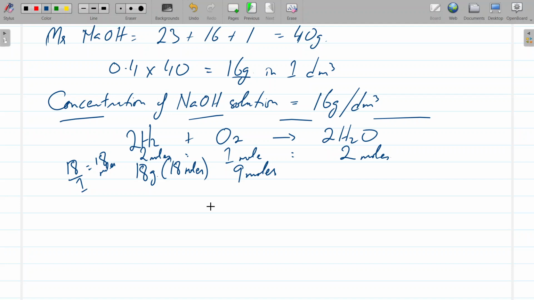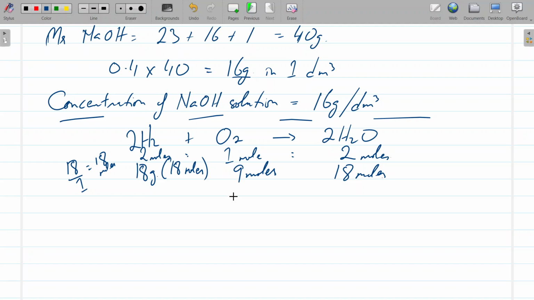So when you have 18 moles of hydrogen, you will be using half of the oxygen, which is 9. And obviously you're going to be getting 18 moles of water.